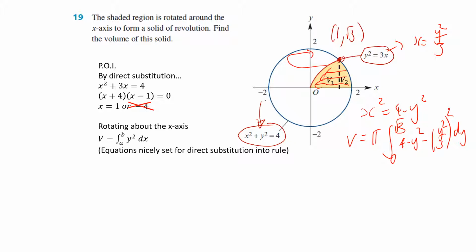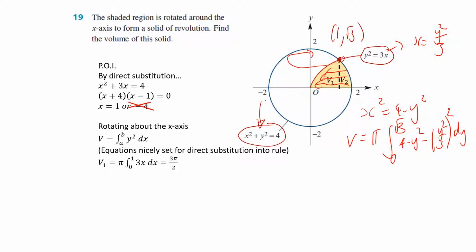So we're rotating around the x-axis, equation set up nicely for substitution because we've got y squareds involved. It's actually quite neat to be able to do it. So V1 is obtained by taking that curve, y squared equals 3x, from 0 to 1.